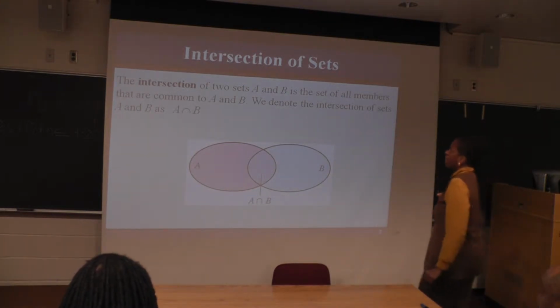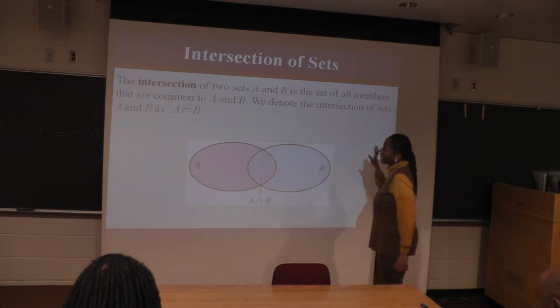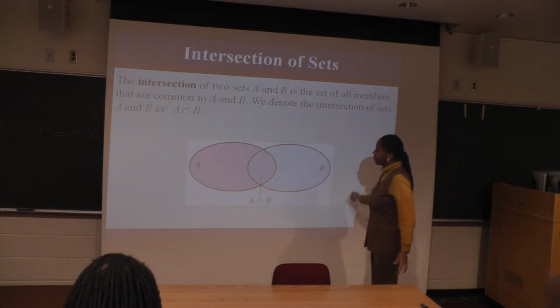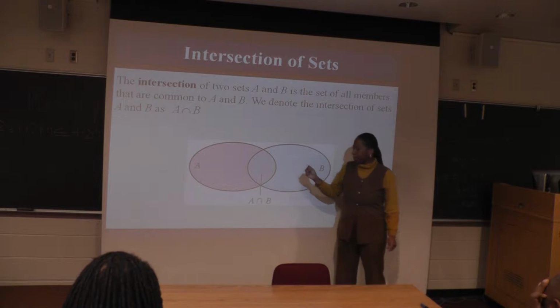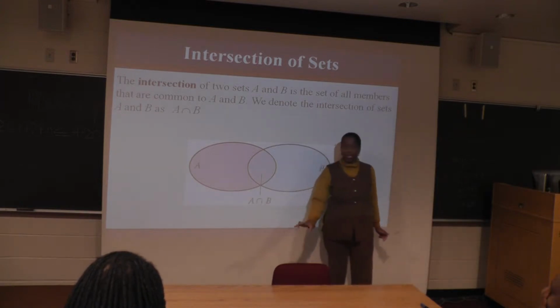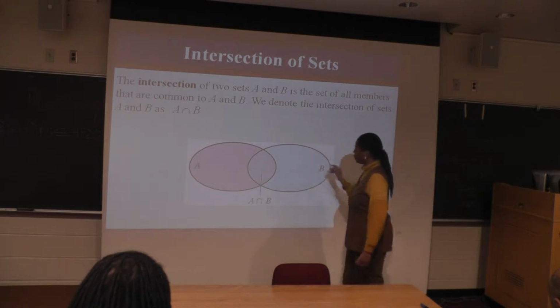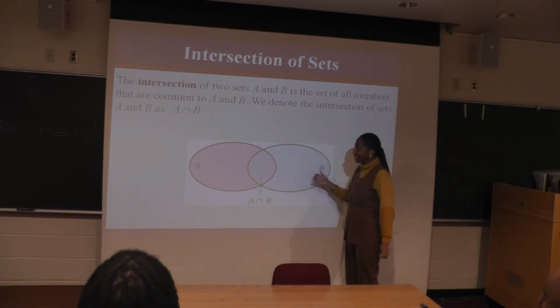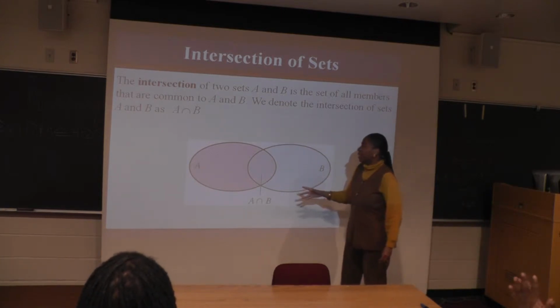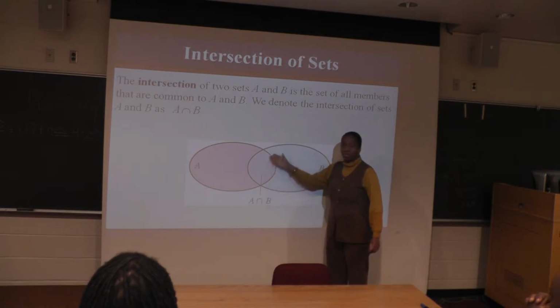Intersection, overlapping. You have a definition here. Now this is a set definition, and this is the notation. You don't really have to draw, because we won't really do much that looks like this. But this is a set. The intersection is where they overlap, okay?